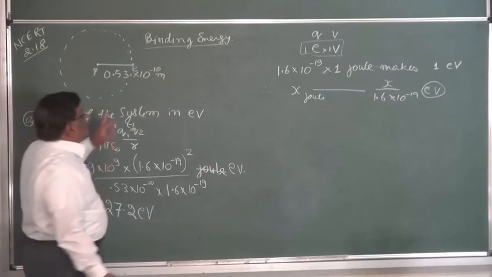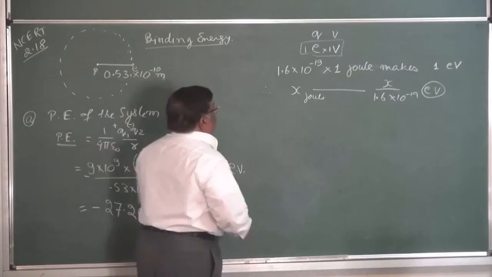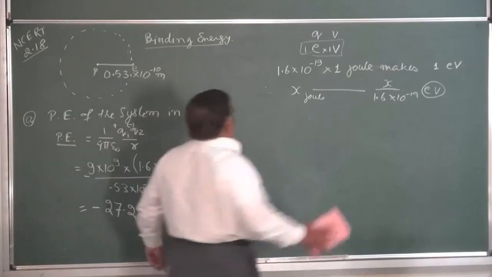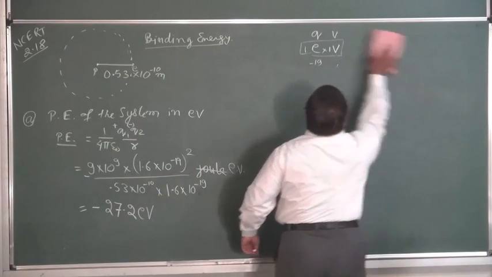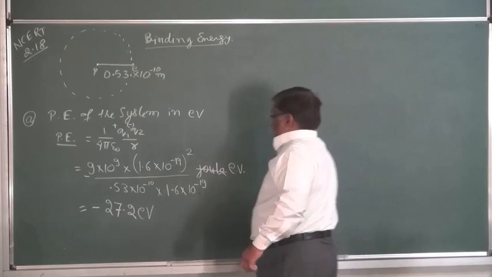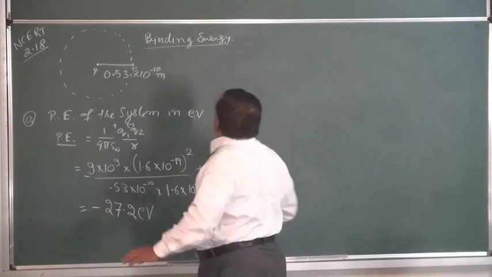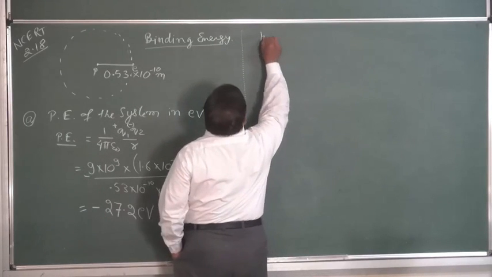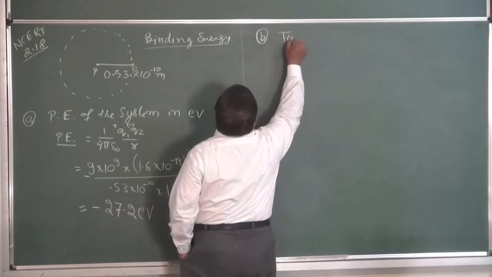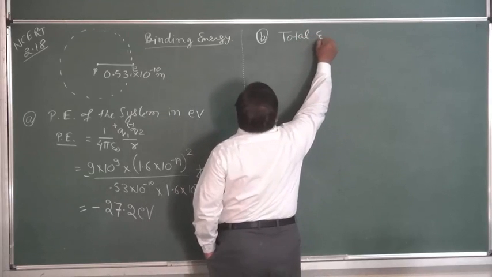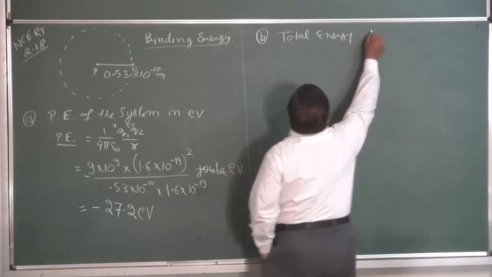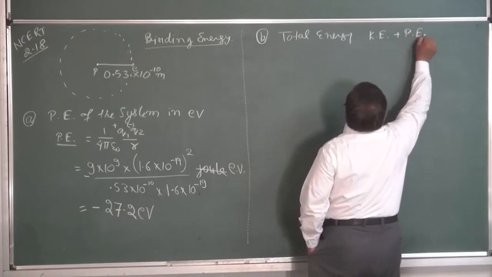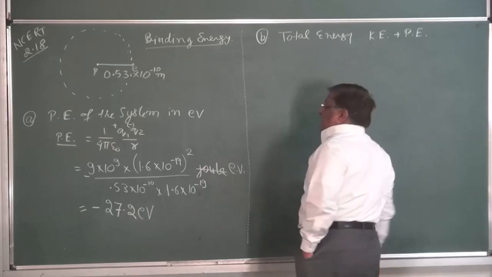Let's find out the total energy of the electron. I will do part B here. Total mechanical energy of the electron is kinetic energy plus potential energy. How much is the kinetic energy?